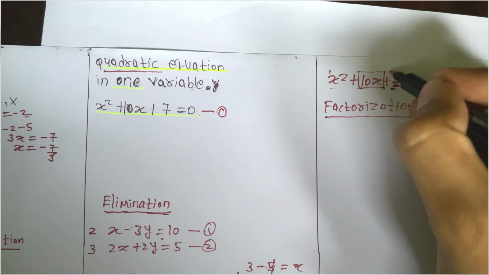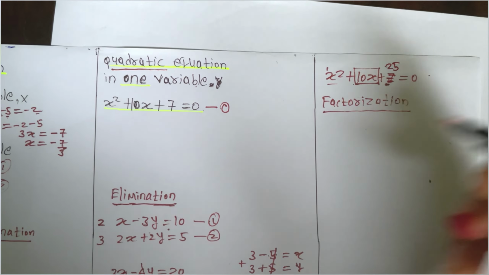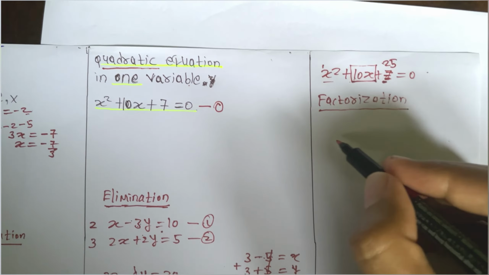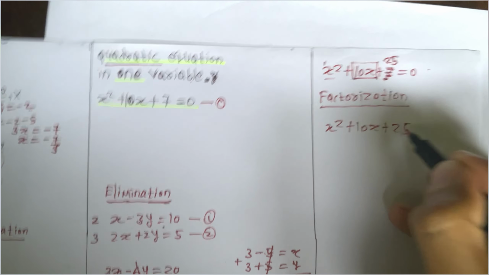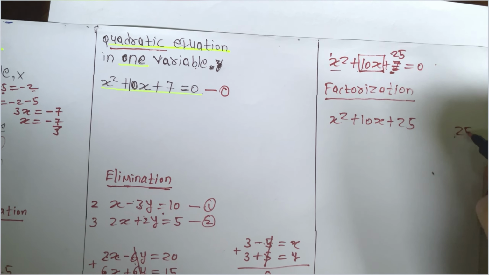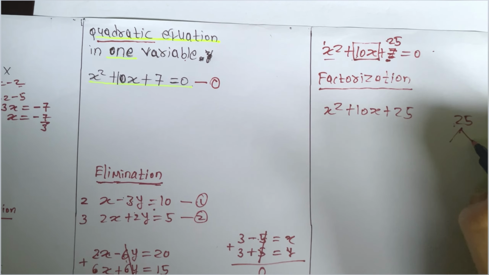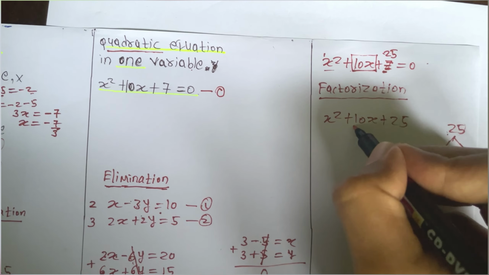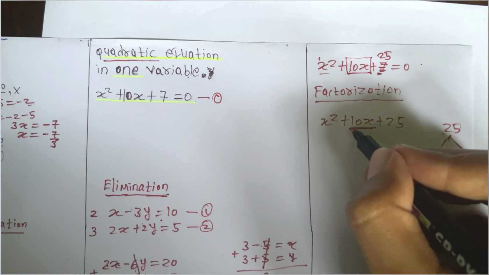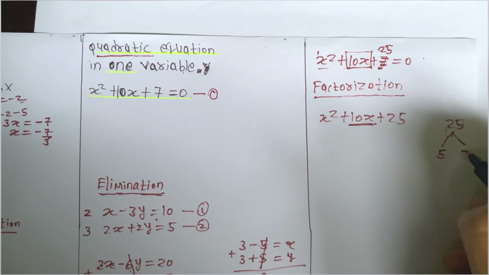Let us change this number and take 25. So x square plus 10x plus 25. I have to factor 25 in such a way that the multiplication will be 25 but the addition will be 10. So it will be 5 into 5.